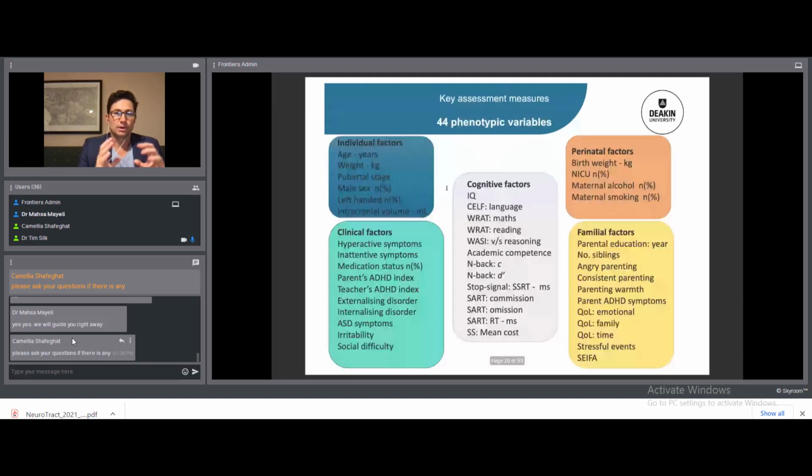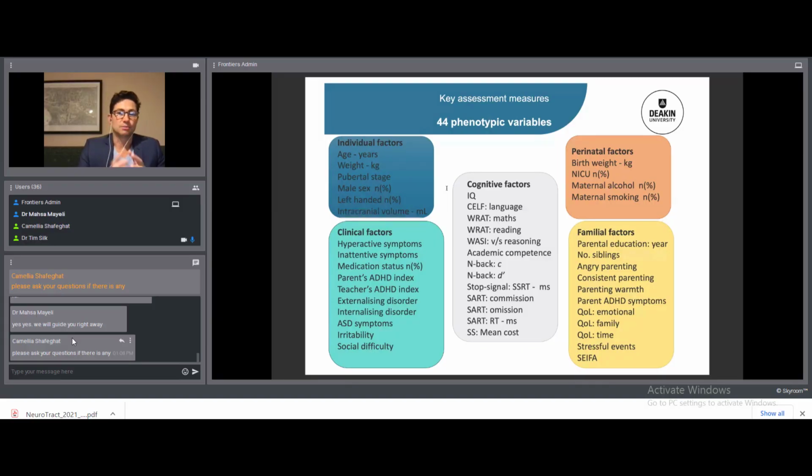So then we took a heap of our phenotypic data, and this is broadly categorized into individual factors like their age, weight, pubertal status, clinical factors, so obviously ADHD symptoms, but also other comorbidities of externalizing and internalizing disorders, autism symptoms, irritability, for example. We also had a range of cognitive factors such as IQ, their academic functioning, spatial working memory tasks, inhibition, sustained working memory.